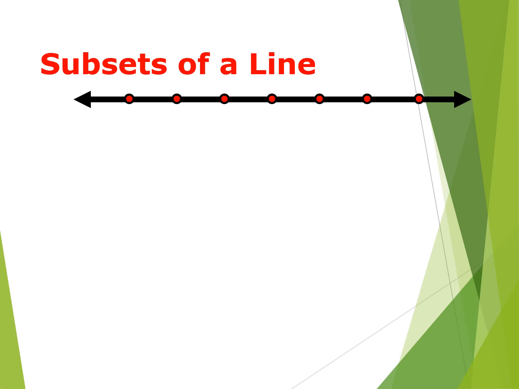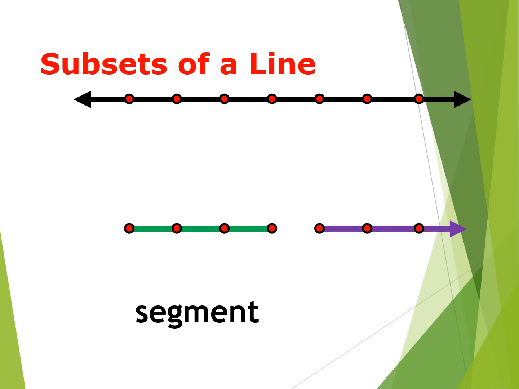Let's deal with subsets of a line. If we look for the subsets of a line, we have segment and ray. What is the difference between the segment and ray, if you look at the illustration?